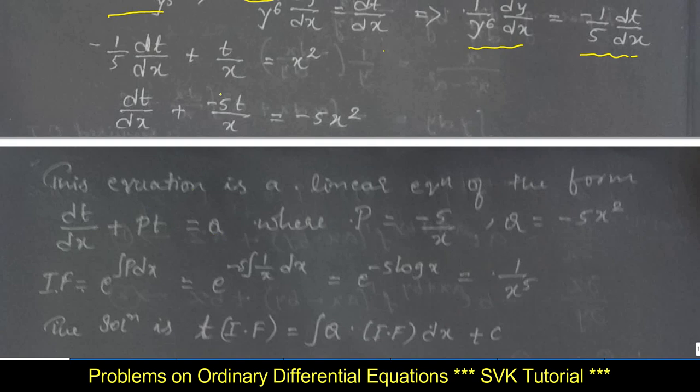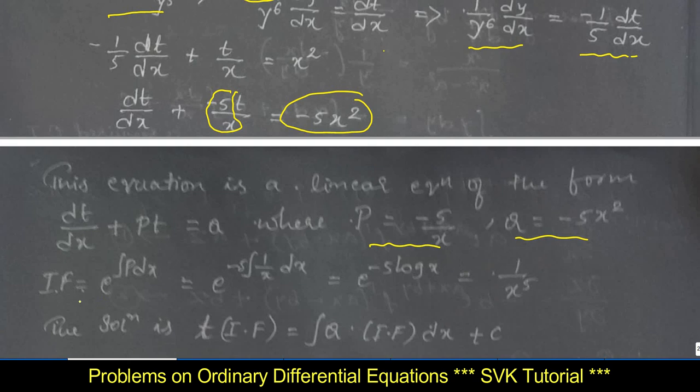Just compare here. The differential equation is in terms of dt by dx, so the coefficient of t is minus 5 by x, that is p, and the q term is minus 5x square.